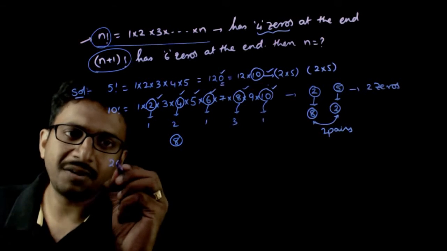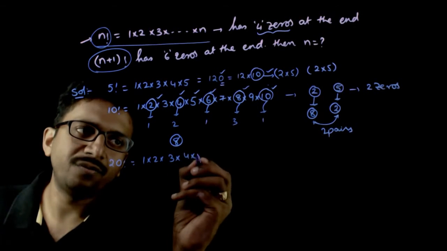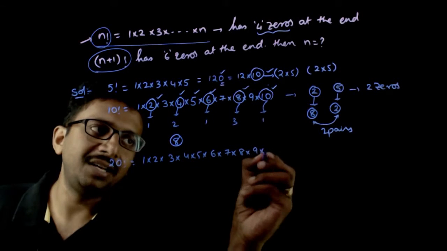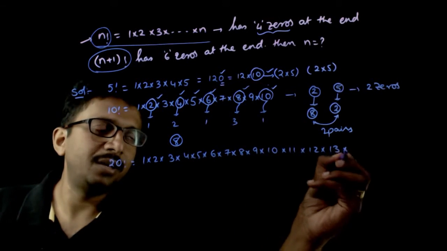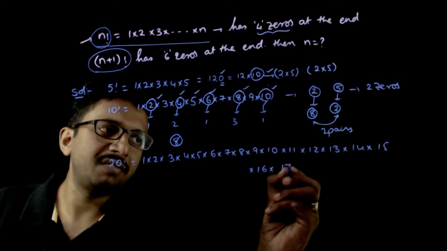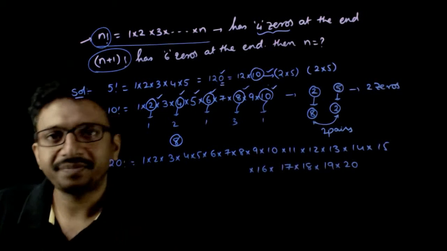So if you take 20 factorial, 1 into 2 into 3 into 4 into 5 into 6 into 7 into 8 into 9 into 10 into 11 into 12 into 13 into 14 into 15 into 16 into 17 into 18 into 19 into 20.